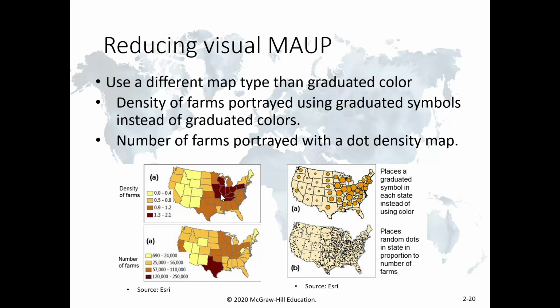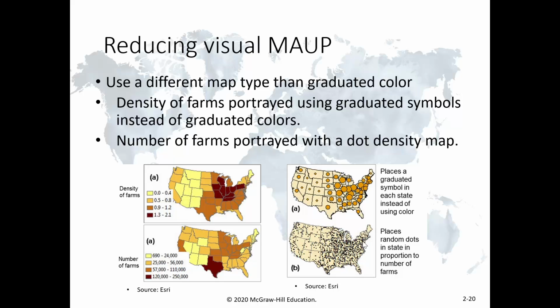So we can see that the eastern half of the United States has a much higher density of farms when you compare it to the west. So you can look at these different maps which are showing the same data, but visually they are telling a mildly different story. The number of farms portrayed with the dot density map is the same thing.